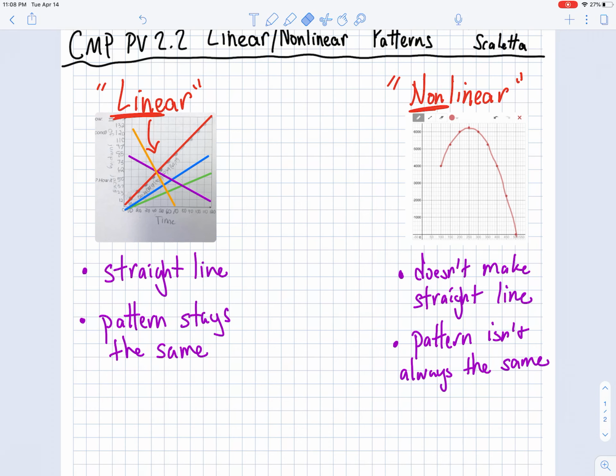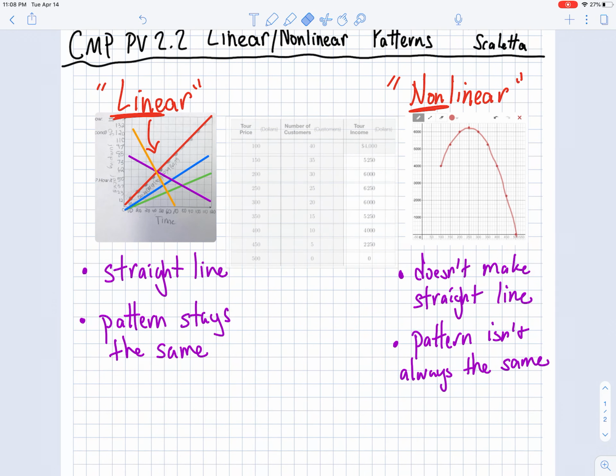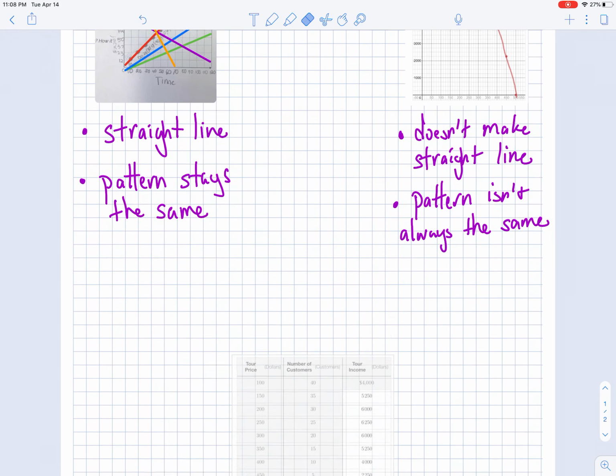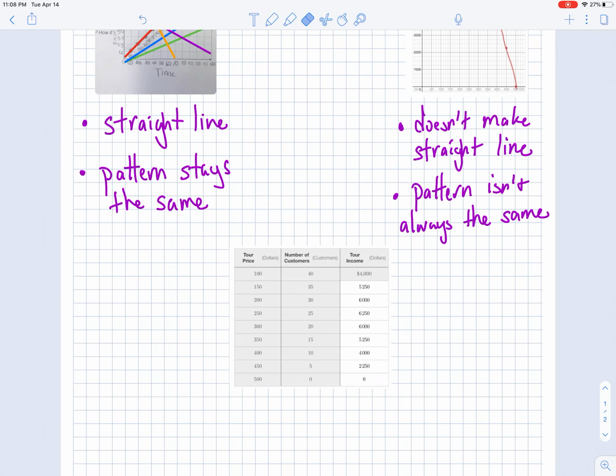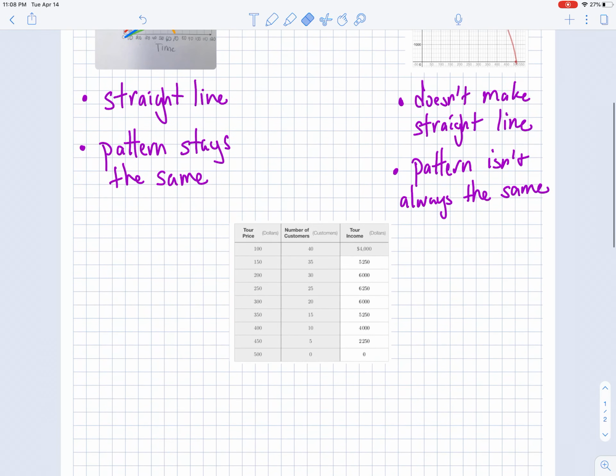So I want to talk about one more thing about linear versus non-linear, which is how we can see these two types of patterns in a table as well, right? So I'm going to drag this table down here. I want to look at one pattern that's linear and one pattern that's not linear, right?